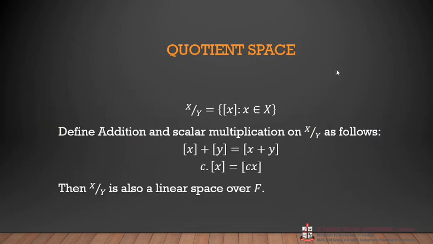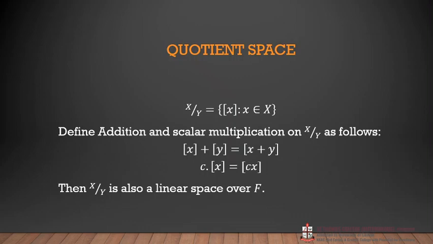Now, quotient space, we denote it by X over Y. Here X is a linear space, Y is a linear subspace of X, and X over Y is the collection of all class x where x is an element of capital X. x varies over capital X. And in this set, we will define two operations, addition and scalar multiplication, as follows. Class of x plus class of y is equal to class of x plus y.